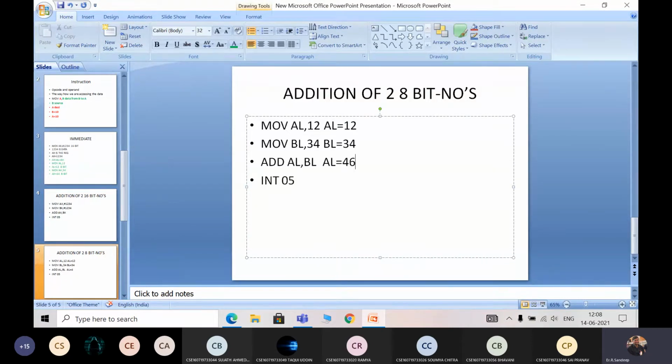If you add these you will get 46. So the program will be stopped, and the result you get in the register AL is 46, which is also 8-bit data.